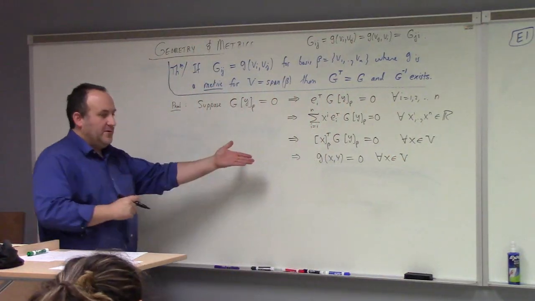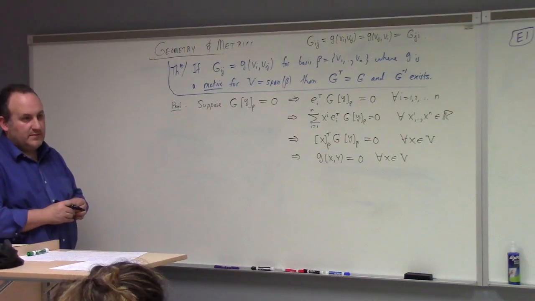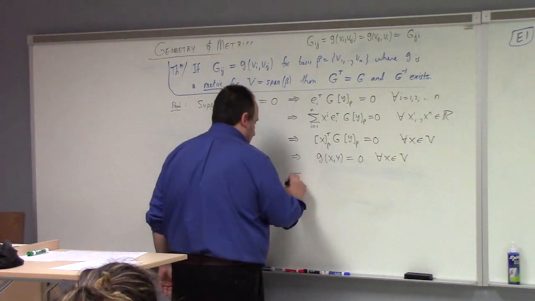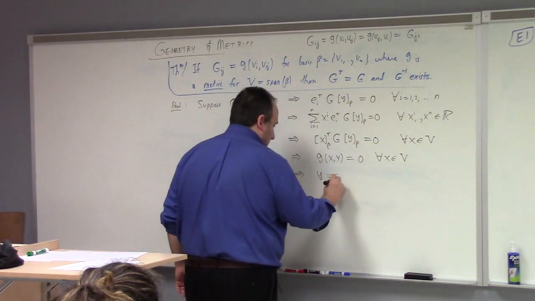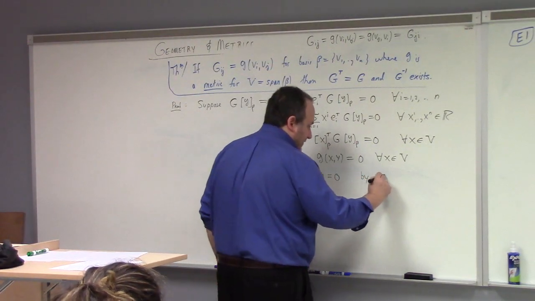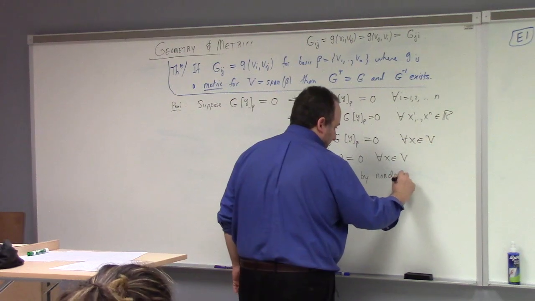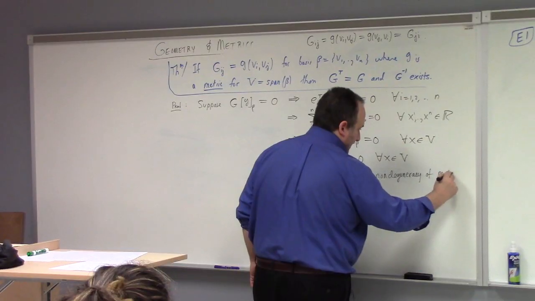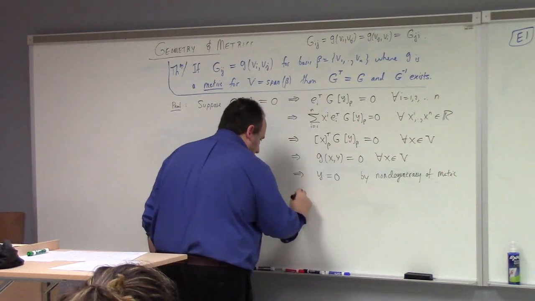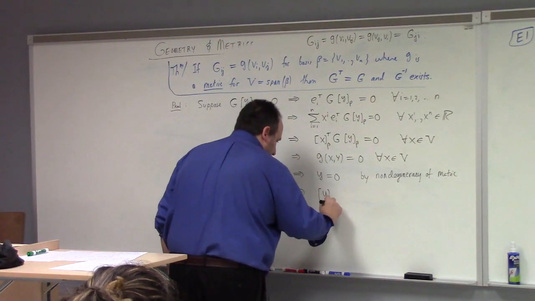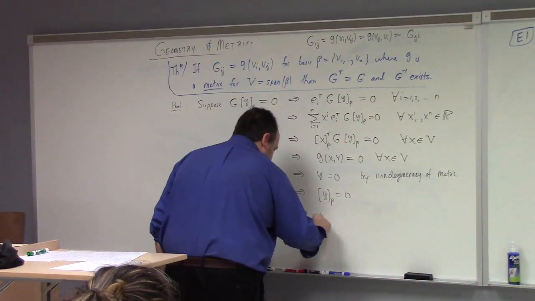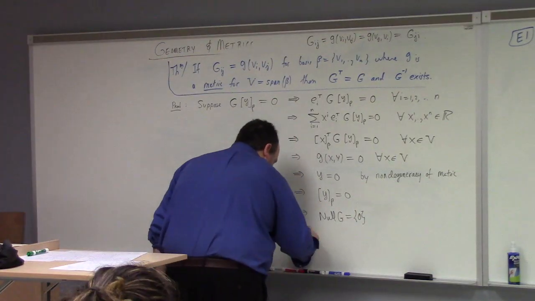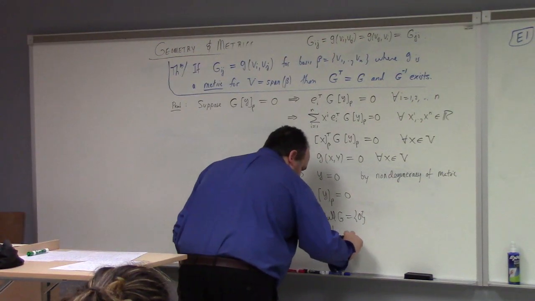At which point I've met the precondition of non-degeneracy. And what do I get from that? Because G is a metric, this implies y is equal to 0. Non-degeneracy, right? Metric. Which then, of course, implies that the coordinate vector of y with respect to the beta basis is equal to 0, which implies that the null space of the matrix G is equal to 0, which implies that G inverse exists.